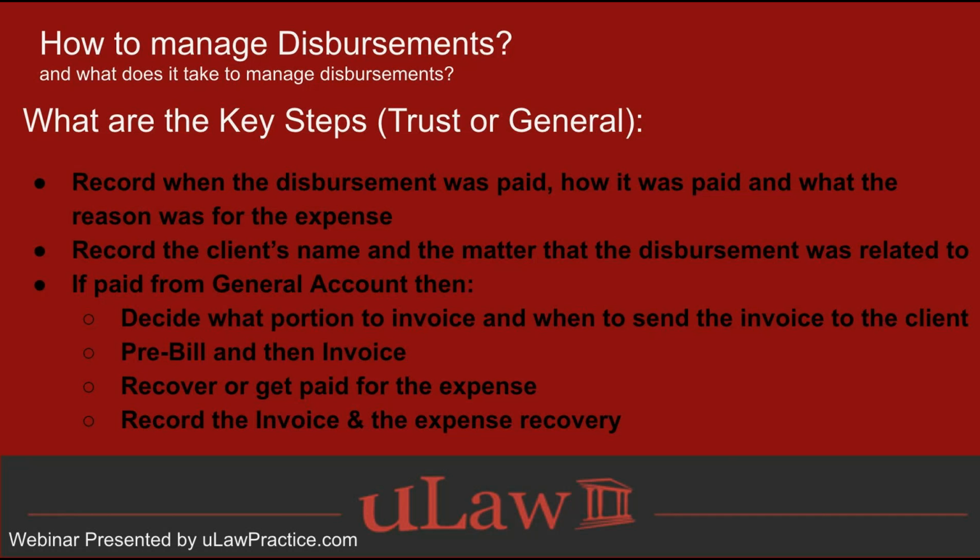Now, here is the most, I won't say confusing part, but this is to be done a little carefully. Trust is very straightforward. So we all know adding disbursement from trust is literally one step, one click process where you just click on Add New Disbursement, say paid from trust.